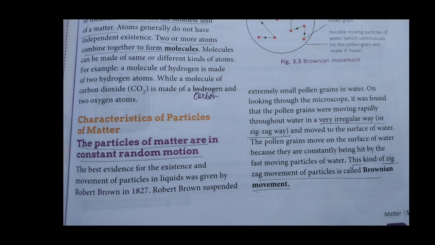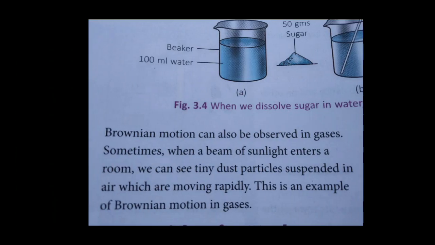Okay, student, I hope I am clear with the topic I am trying to explain. Now, one example. Have you ever seen Brownian motion in your life? I hope you have seen it. I have also seen it, so let's share. I think you will remember, yes, ma'am, I have seen Brownian movement.